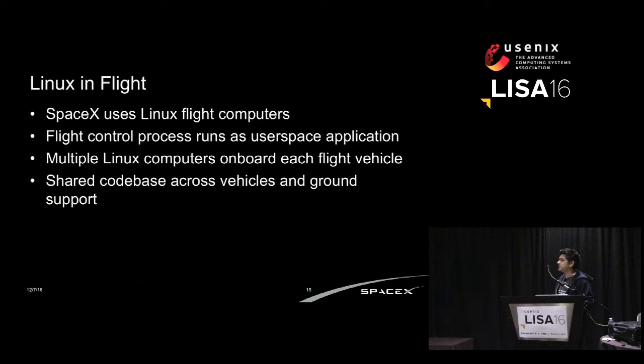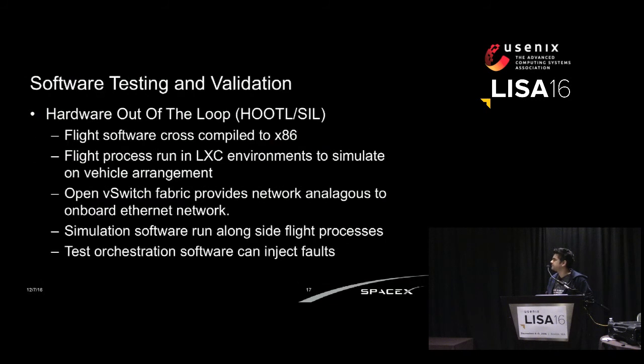So you end up with basically a small cluster of Linux computers in flight that you are managing. We have a shared code base across all of our vehicles, so Dragon, Falcon, and satellites, and some ground support systems like our proxies that communicate with the vehicle are also running out of that code base. And again, that's all C++.